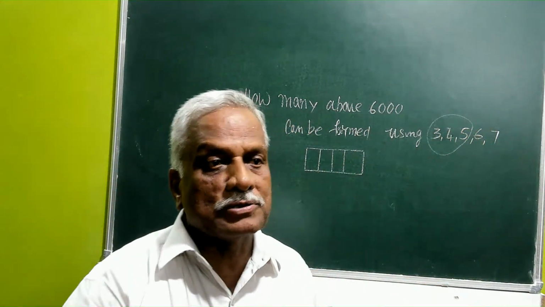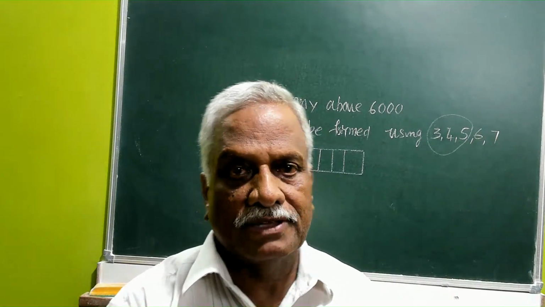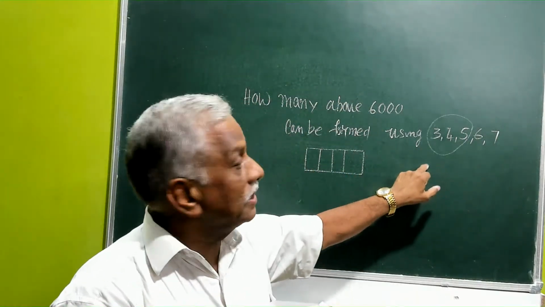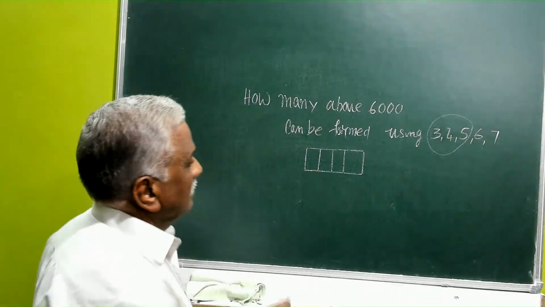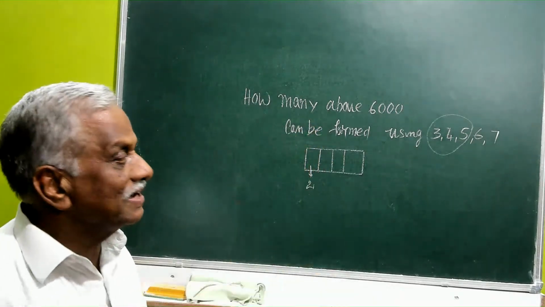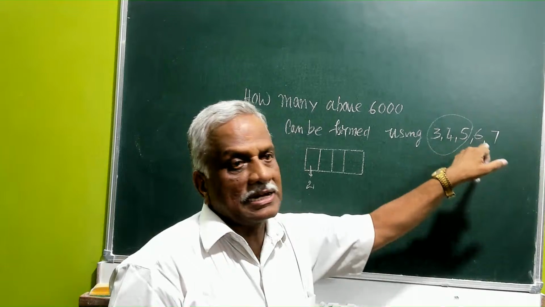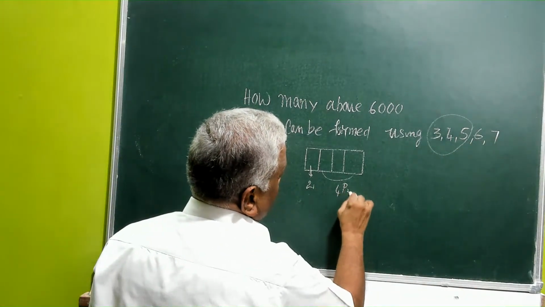If you use 3, 4, 5, that number is less than 6,000. We want a number more than 6,000. Therefore, you cannot put 3, 4, 5. You can put either 6 or 7. Therefore, this box can be filled in 2 ways. Again, same thing. You have not used both 6 and 7, one of them. So, all the numbers are left over 4. How many boxes are there? 4P3. Second one.